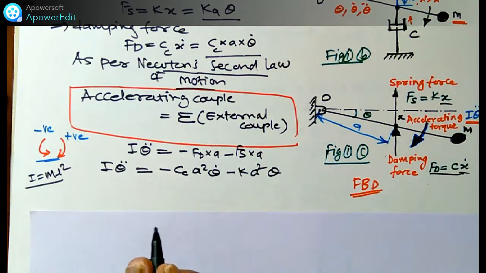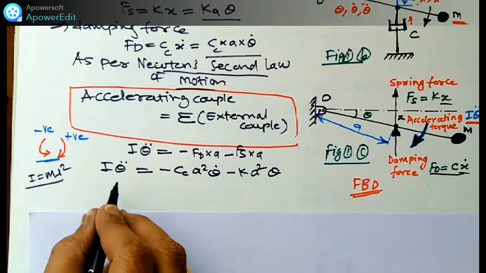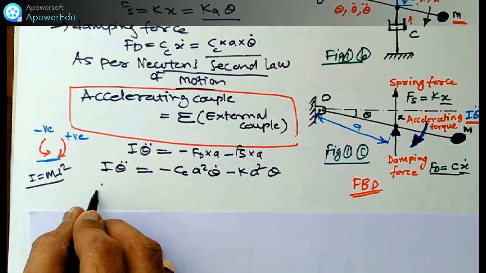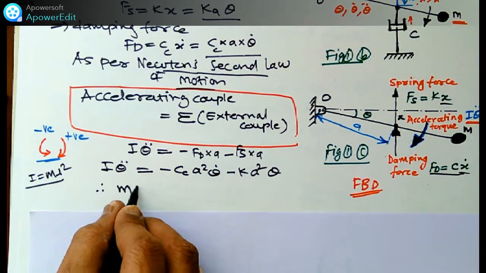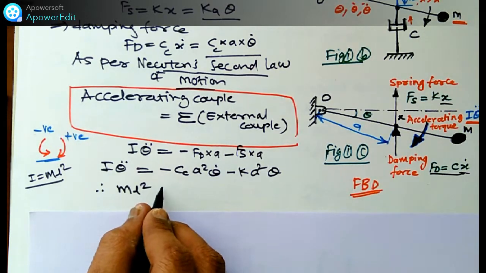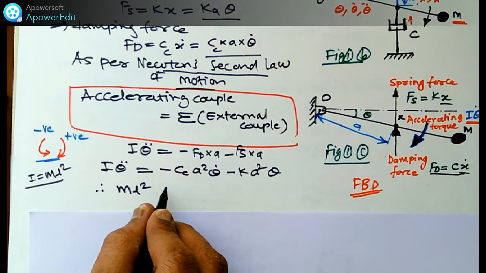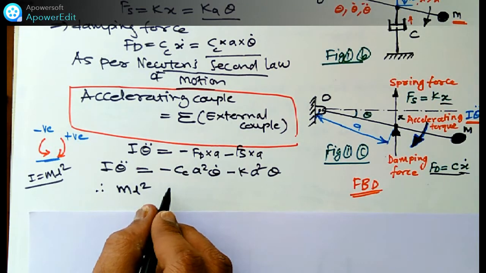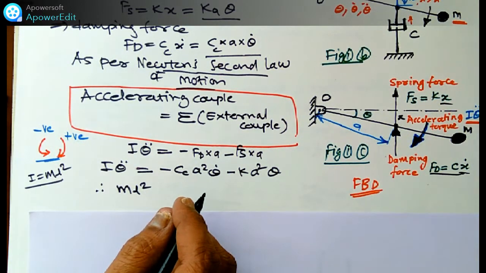So I will write the equation. ml square. Okay. Here what will happen? The theta double dot ml square is I theta. I theta means ml square theta double dot.